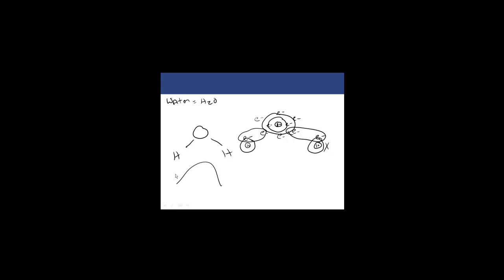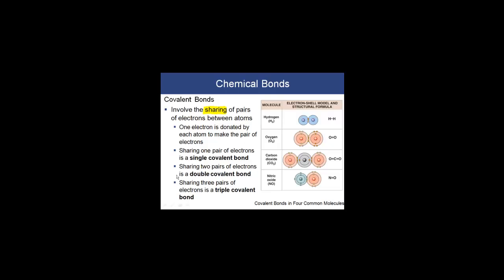And covalent bonds, I'll back up one slide, involve the sharing of pairs of electrons between atoms. You get a situation where 1 electron is donated by each atom to make a pair. If you have a sharing of 1 pair of electrons, it's called a single covalent bond. We have that here, 1 pair of electrons.